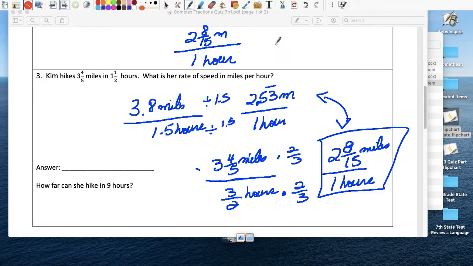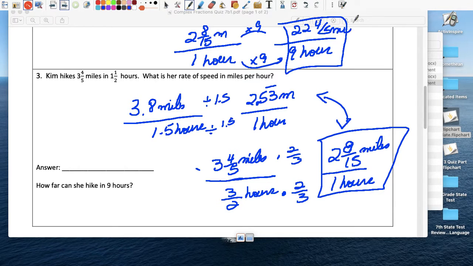So in 9 hours, we're simply going to multiply that by 9 and that by 9, and you get whatever magic number that is, which I'll write: 2 and 8/15 times 9 equals, and that can be simplified to 22 and 4/5. So in 9 hours, that's how many miles, by the way. Don't forget the units.